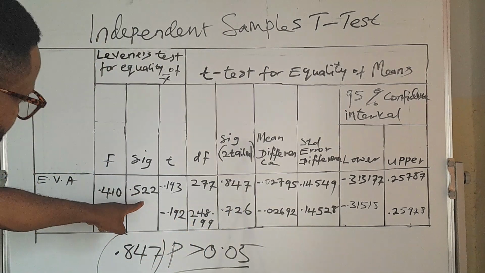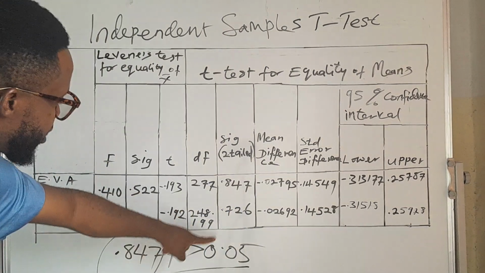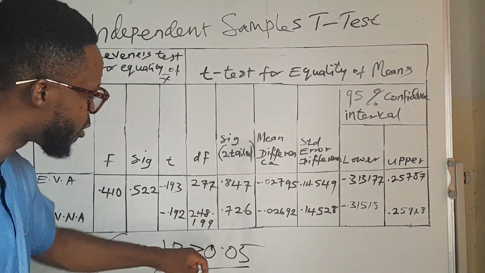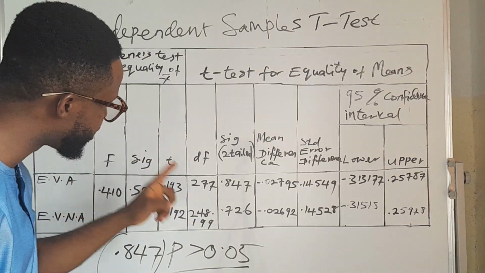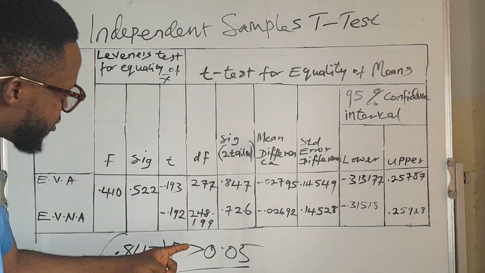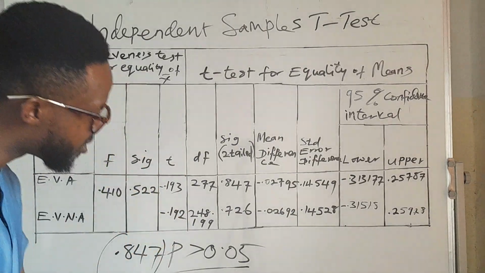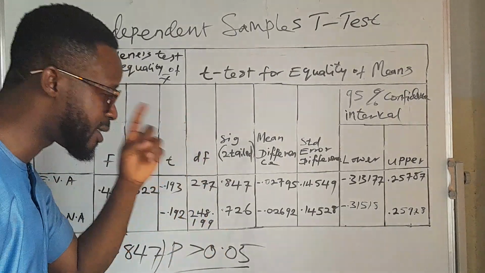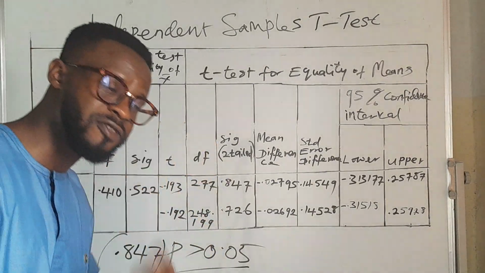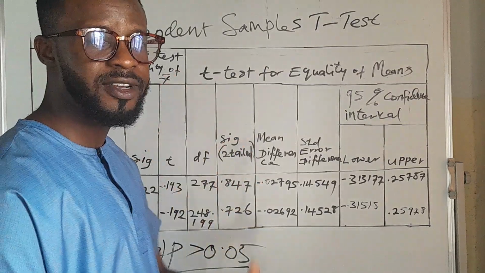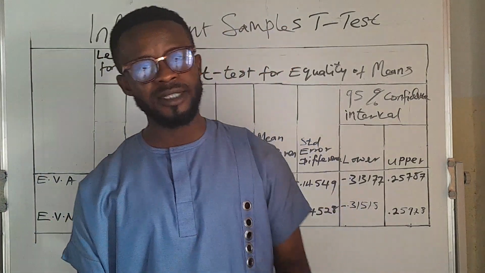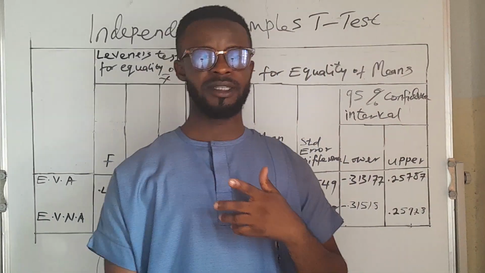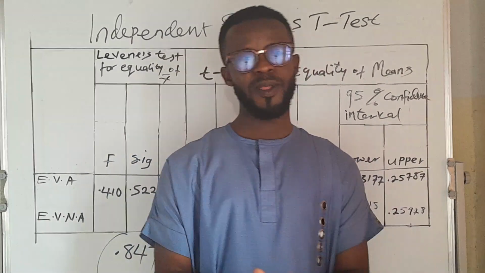It means that so long as this value is above this value, I will now look at this value, and because this value is also above this value, I will now conclude by saying that the tailed value of 0.847 is above 0.05 level of significance, and as such, the null hypothesis is therefore accepted, which confirms that there is no significant difference between the mean ratings of male and female students on the impact of truancy on the academic performances.